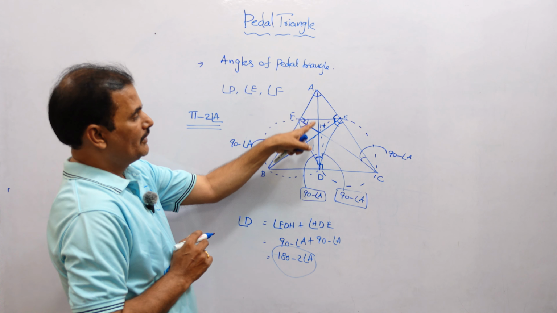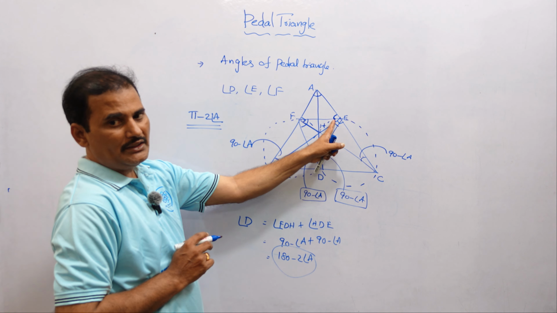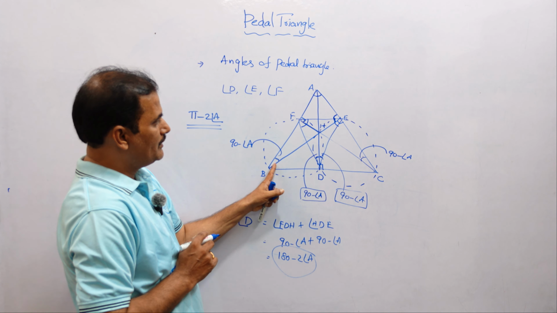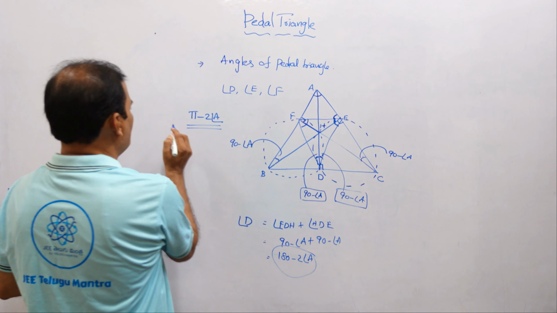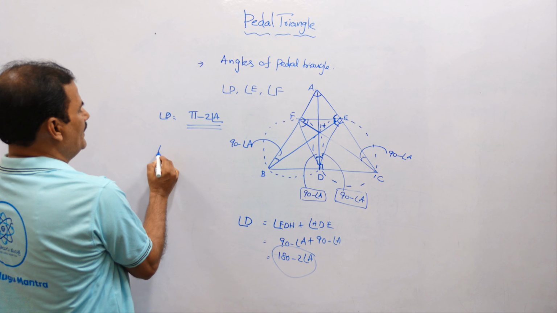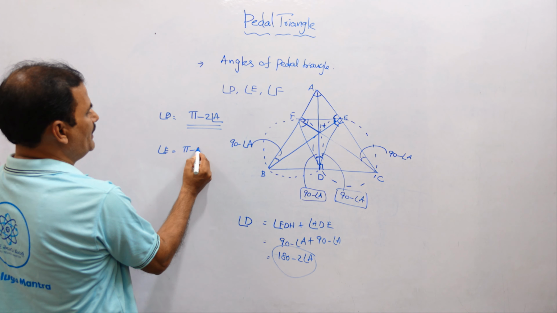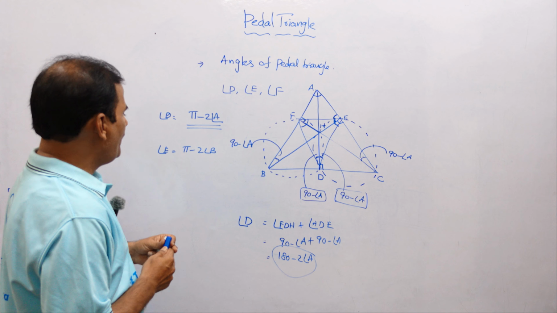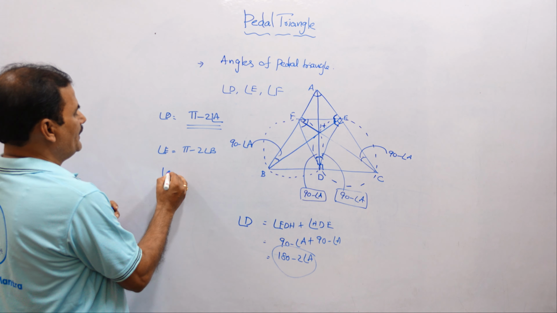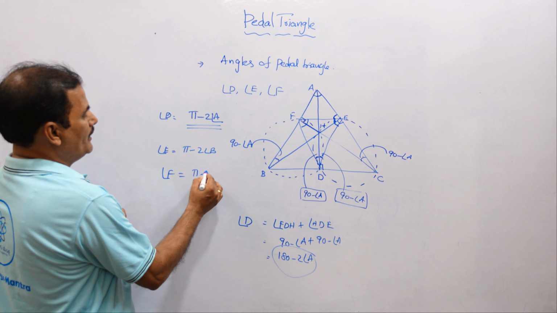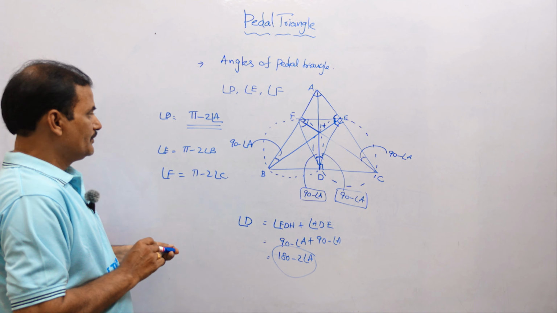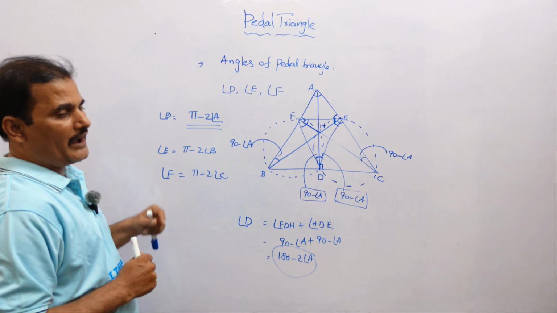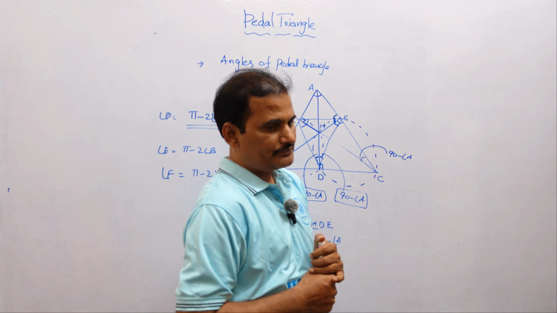In the same way, angle E is opposite to the vertex B. Therefore, angle E is equal to pi minus 2 angle B, because angle E is opposite to the vertex angle B. Now the final angle in the pedal triangle, angle F, is equal to pi minus 2 angle C. So these three are the angles in the pedal triangle.